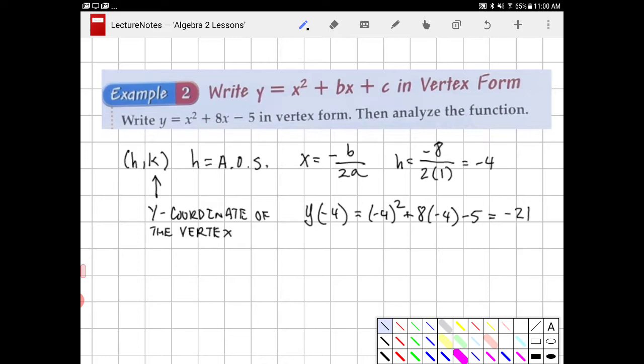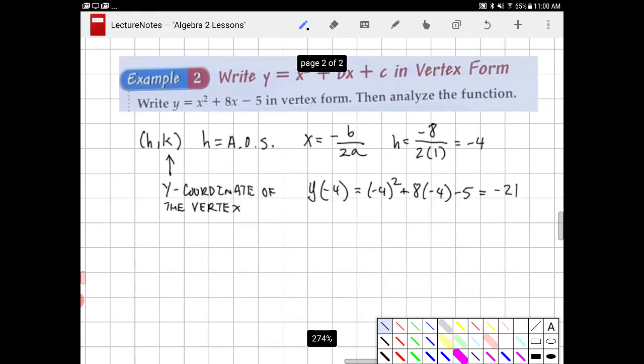So the y-coordinate is -21, which seems really large and negative, but it's okay. The y-coordinate of the vertex is -21, and remember the equation in vertex form is a times (x minus h) quantity squared plus k. So we found h and k. We need to know what a is.